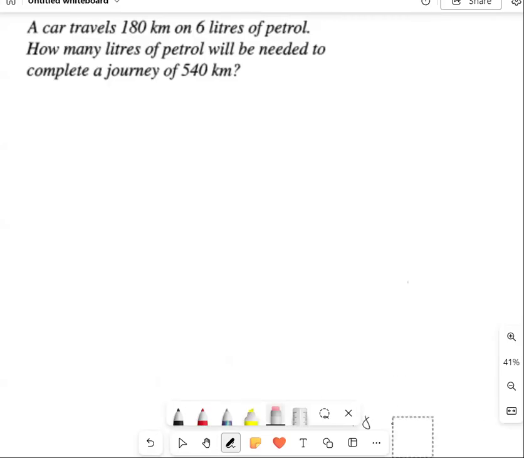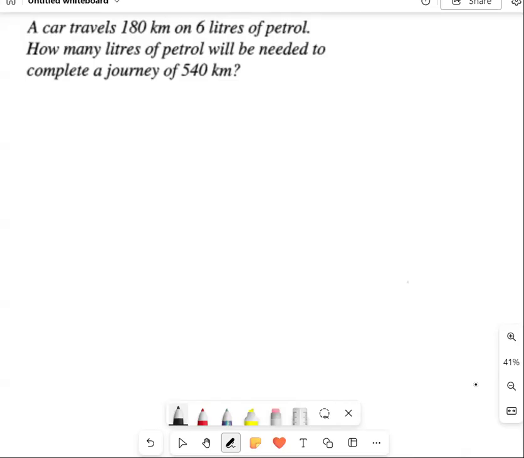So we said that when you're dealing with direct proportion, the ratio of the quantities has a constant multiplier.